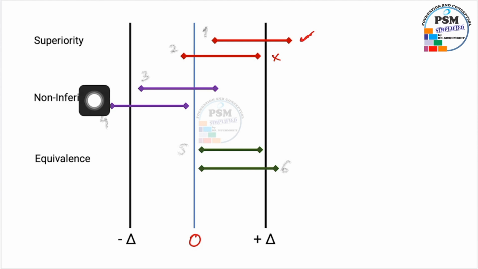In a non-inferiority trial, let us say you want to test a chemotherapeutic agent, and in trial number 3 you find that it does not touch this line, whereas in this one it is touching the lower value. So you would accept this trial, whereas this trial shows lesser than the acceptable range.